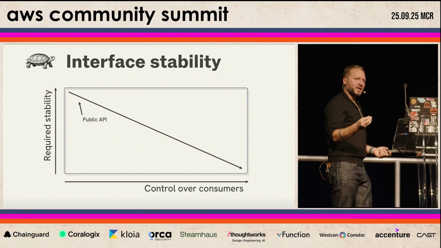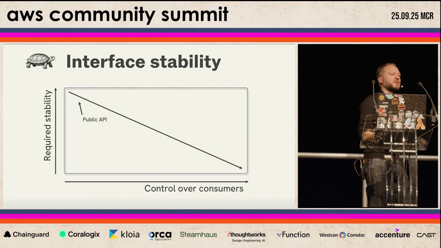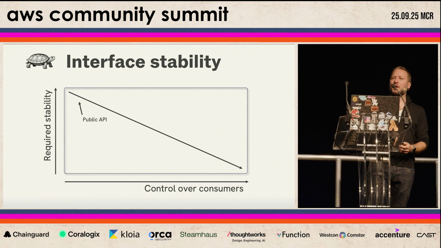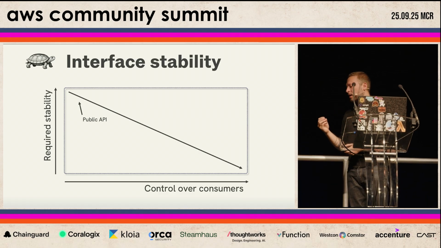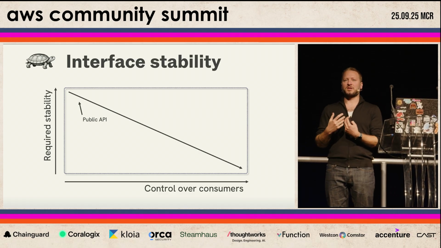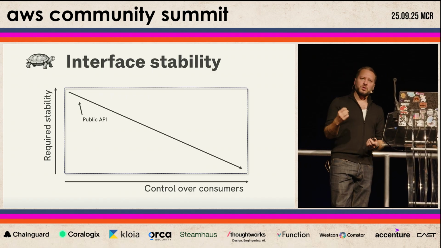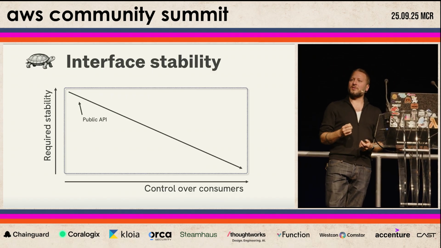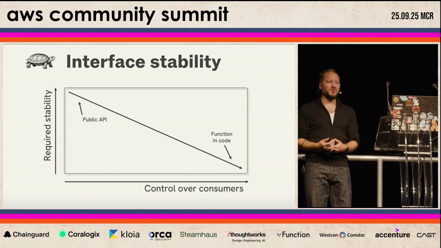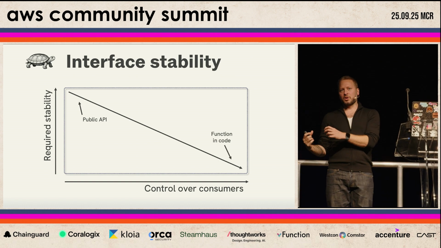If you're in this situation where you have very little control over your consumers, yes, your interface needs to be very stable. But on the other hand, a function in your application code also has an interface, the function signature, right? And all the consumers of that function probably live in your own application. So you have a lot of control over those consumers.